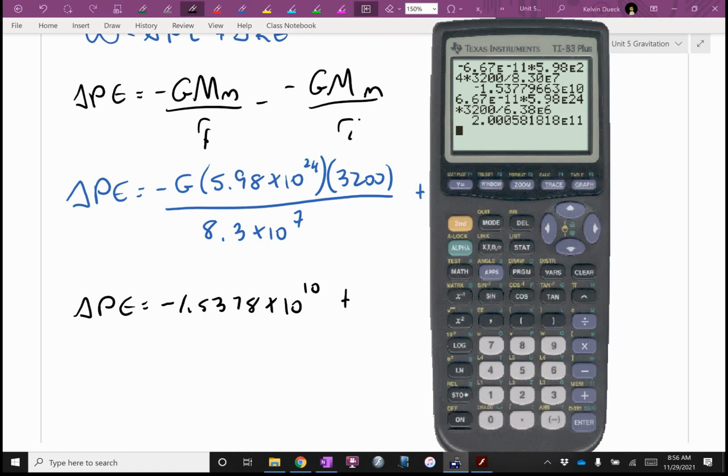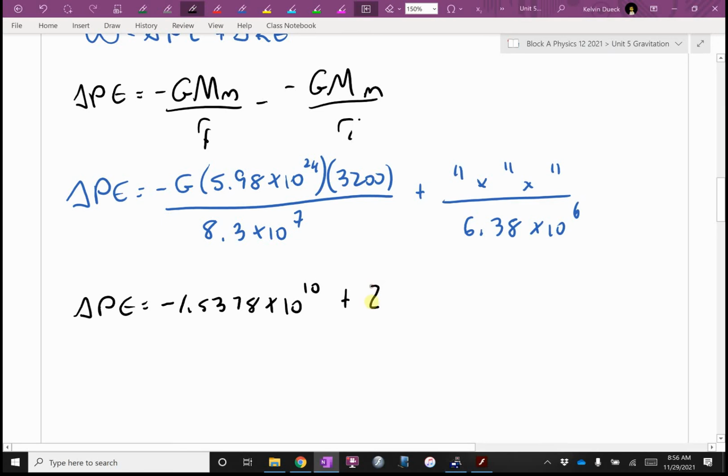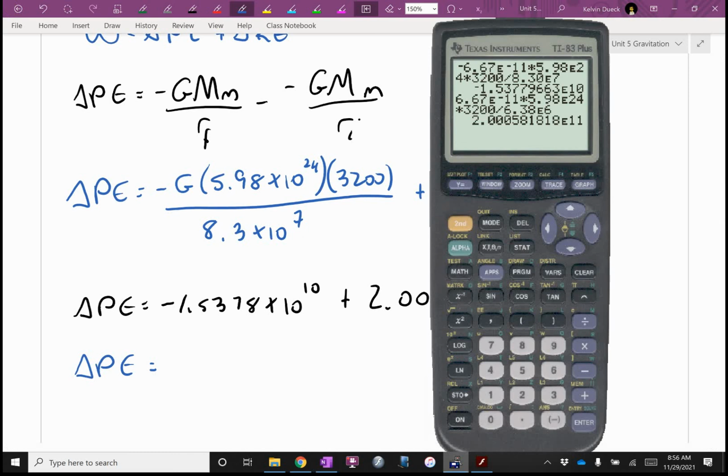That gives 2.0006 times 10 to the 11th. So the change in potential energy is going to be negative 1.5378 times 10 to the 10th plus that answer.